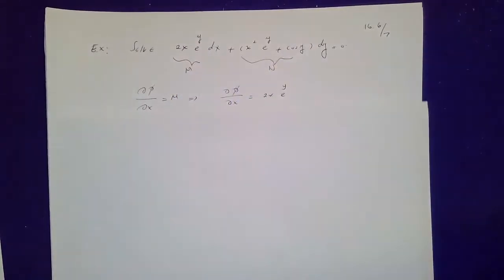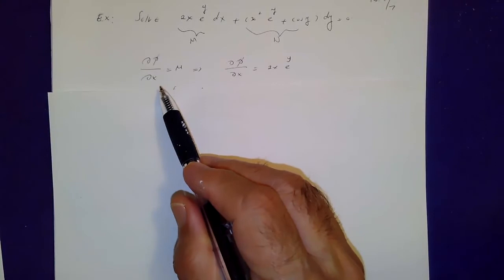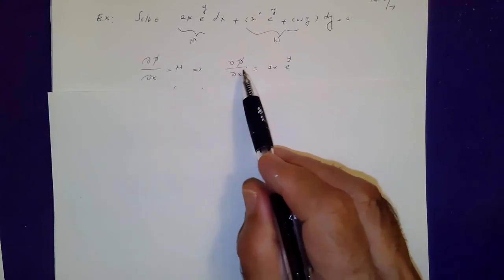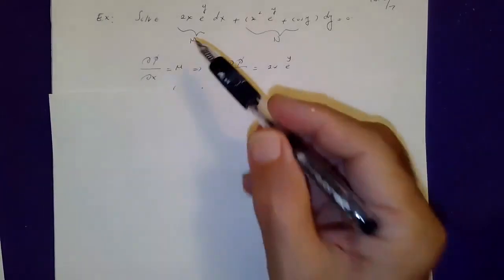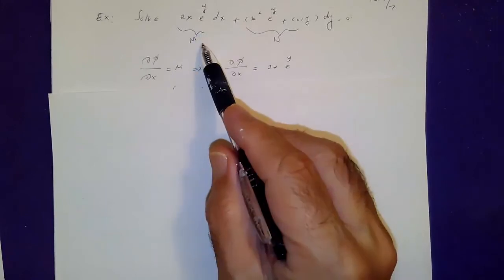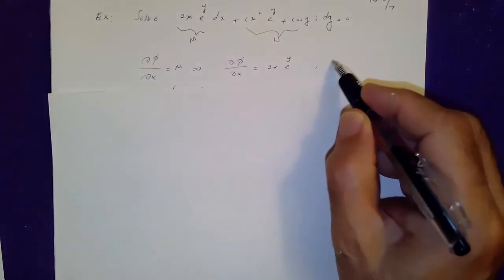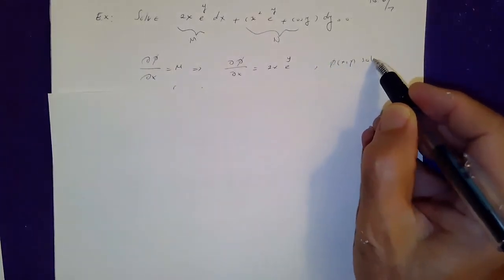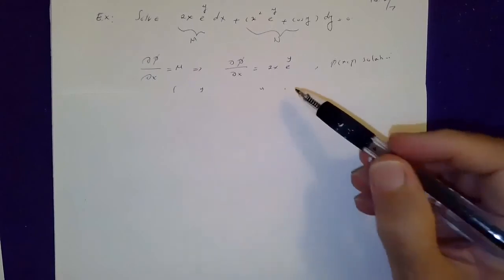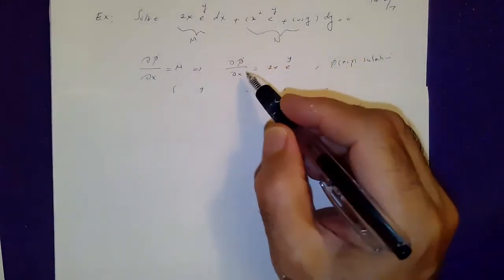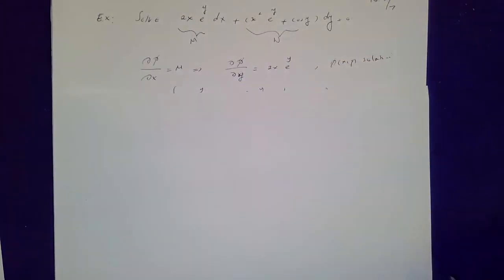If I take the partial derivative of phi with respect to x, call it M, and the partial derivative of phi with respect to y, call it N. So phi is my solution. With respect to x is M, and with respect to y would be N. Is that right?